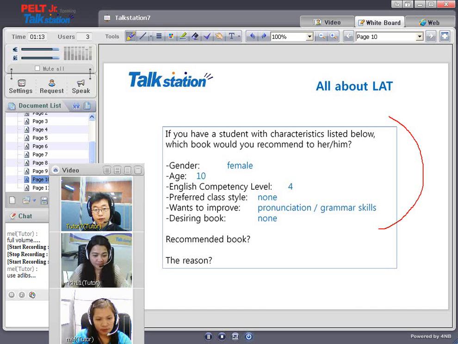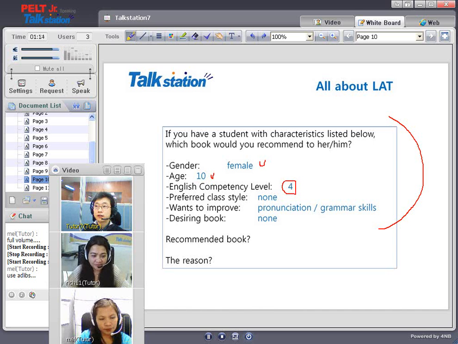Based on it, what would the tutor recommend? The student's gender is female, age is 10, English competence is level 4, and when we asked her what kind of class style she wants, she didn't specify a style.